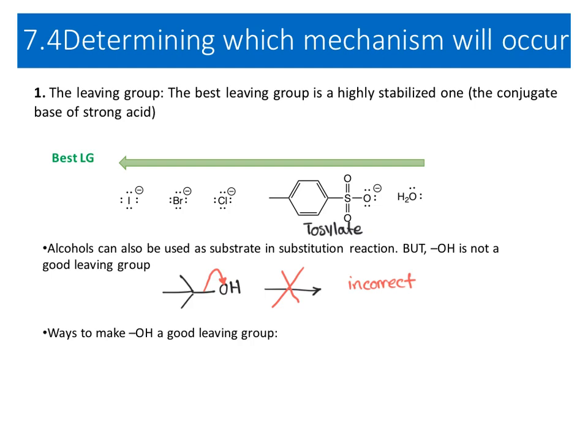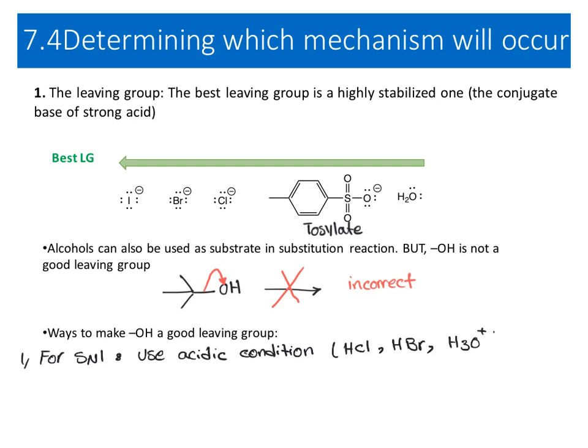Now for SN1 mechanism, you can use acidic condition to convert OH to the better leaving group, such as HCl, HBr, or hydronium ion.